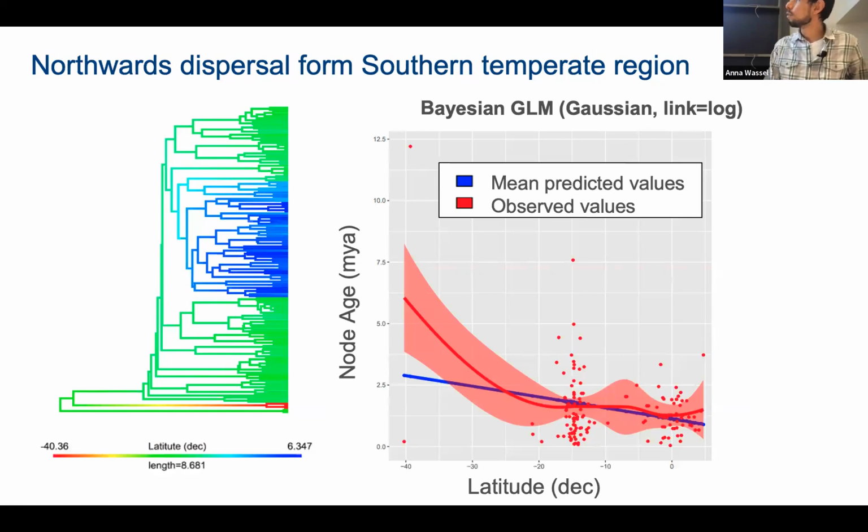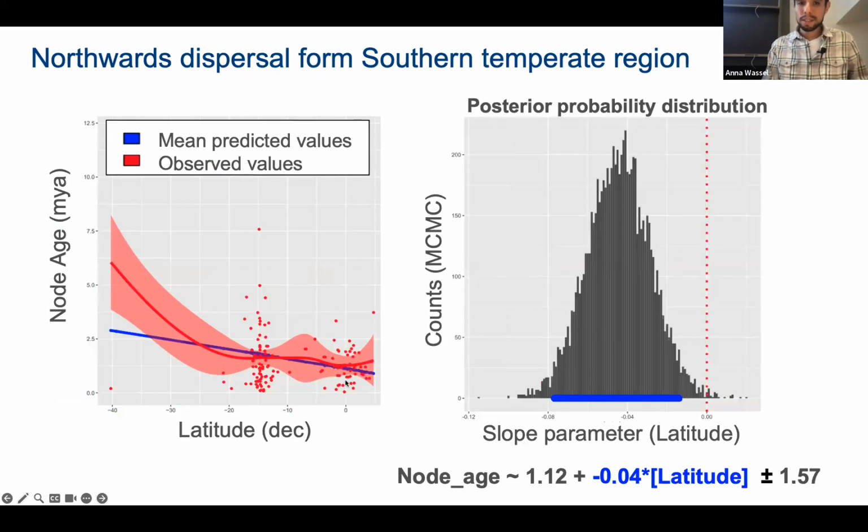So using this tree, we have done some ancestral character reconstruction for latitude. This is more of an exploratory analysis, but we have built a model to predict the node age as a function of latitude. As we can see here, the slope parameter for latitude is different than 0. As we can see from this posterior probability distribution, that suggests latitude is a good predictor for the node age in this case.